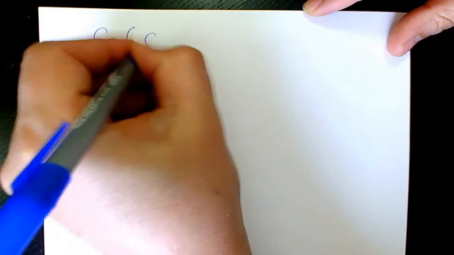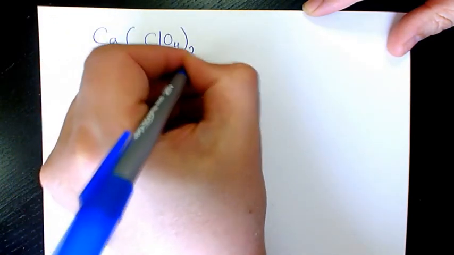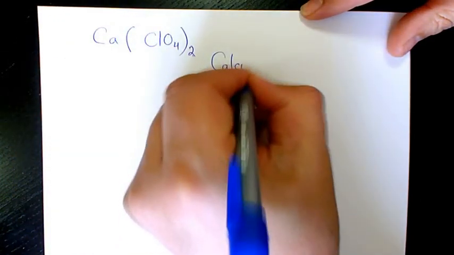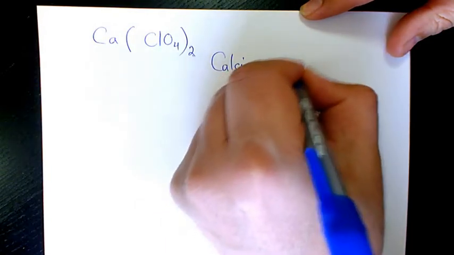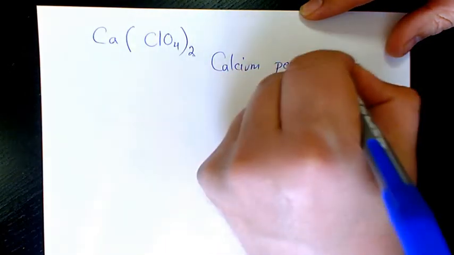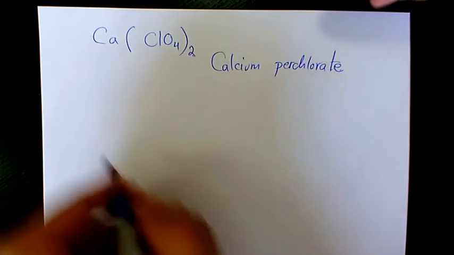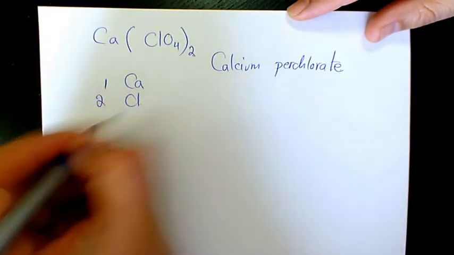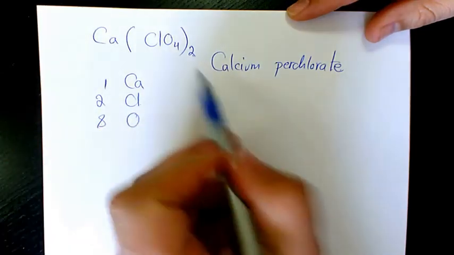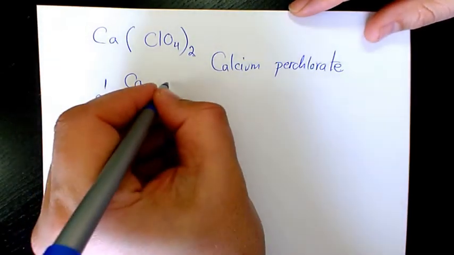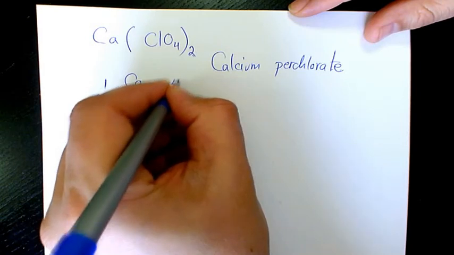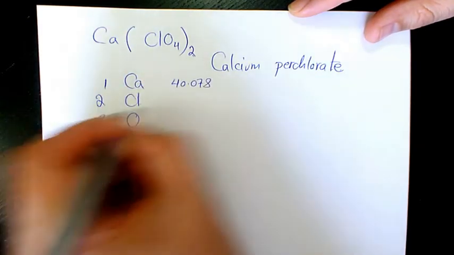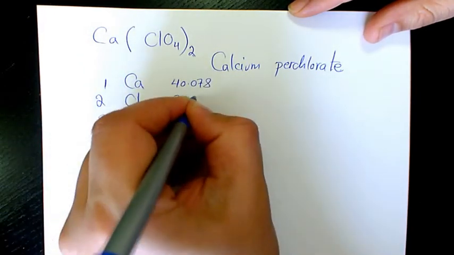Next compound is Ca(ClO4)2, calcium perchlorate. Calcium perchlorate, we have 1 atom of calcium, 2 atoms of chlorine, and 8 atoms of oxygen. 4 times 2 is 8. Calcium atomic mass is 40.078. Chlorine is 35.45.